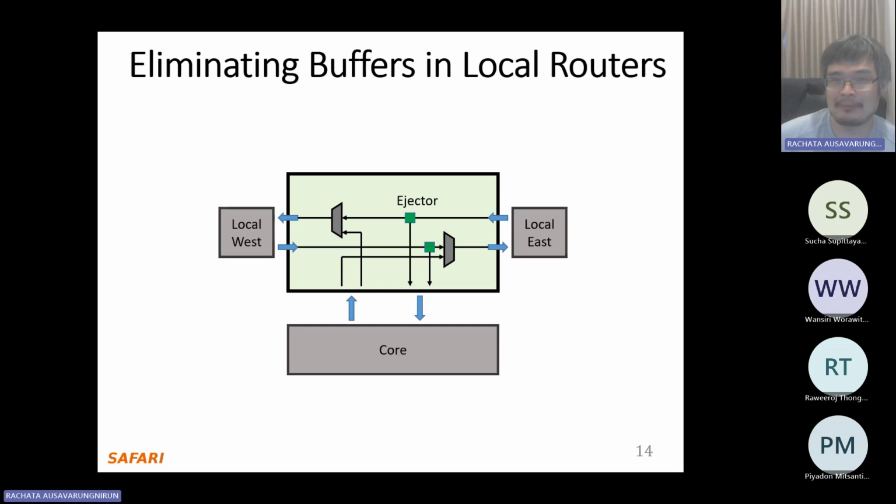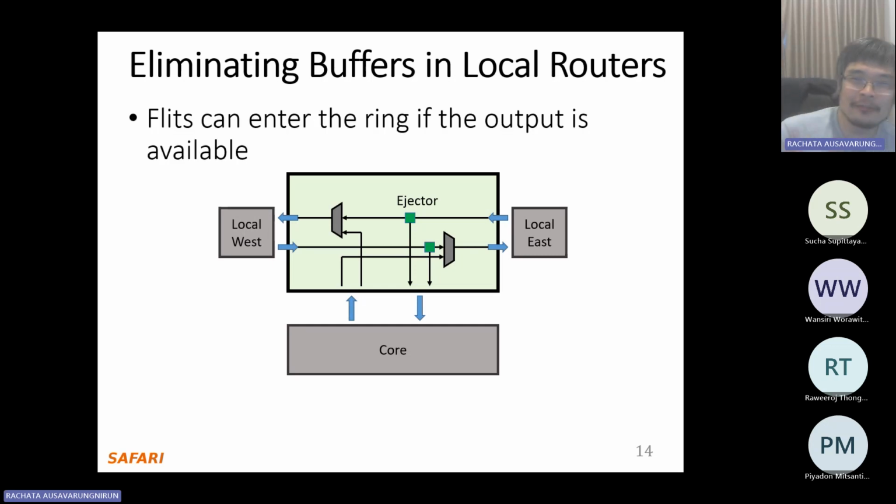In fact, I don't need anything. The flit can enter the ring if the output is available. Otherwise, you don't enter the ring. You don't need buffer here, and the crossbar is really, really simple. This is really simple hardware, and it's easy to design the router. It looks like this.